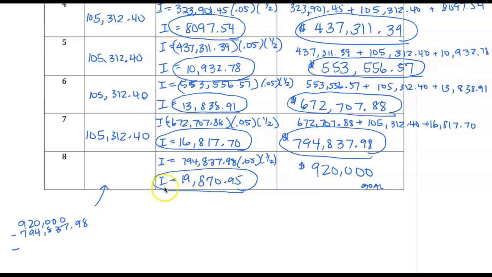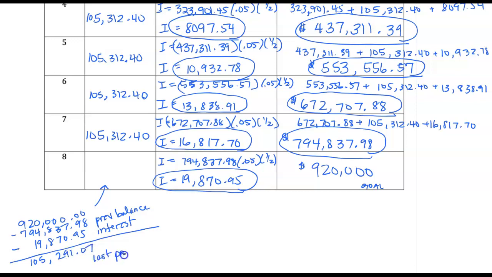And we're also going to subtract away the interest, that was $19,870.95. And we're going to see how much is left that we need to pay. When I calculate this, I get $105,291.07. This is our last payment.